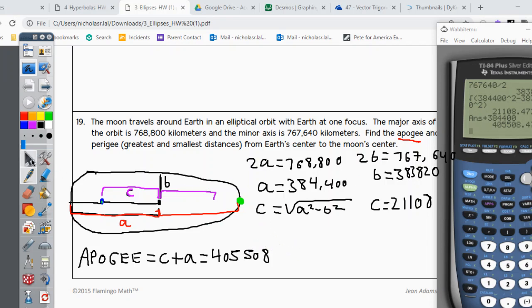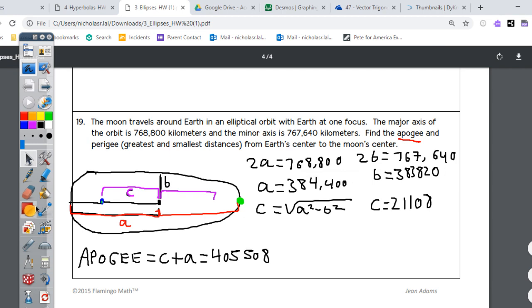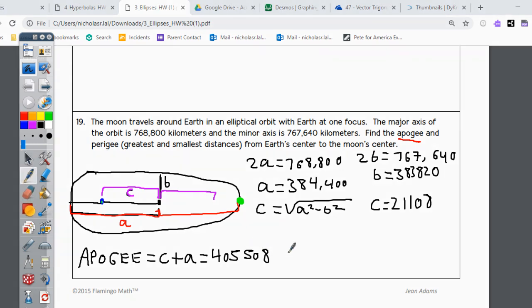Now the perigee is going to be the shortest distance between our Earth at the focus and where the moon could be. So our perigee is going to be in this location right here, as I've marked out in orange.